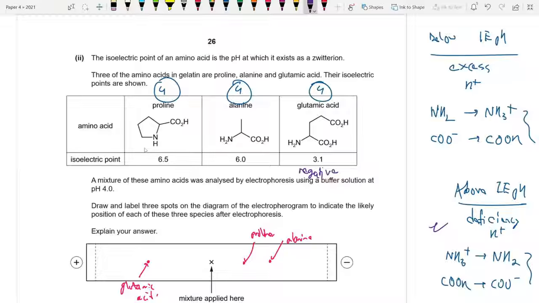How? It will try to fill up the deficiency of H plus by donating protons, and in doing so these COOHs will become COO minus, and the NH2 will remain as NH2. If it was NH3 plus beforehand, it would turn into NH2. So it has a net charge of 2 minus.